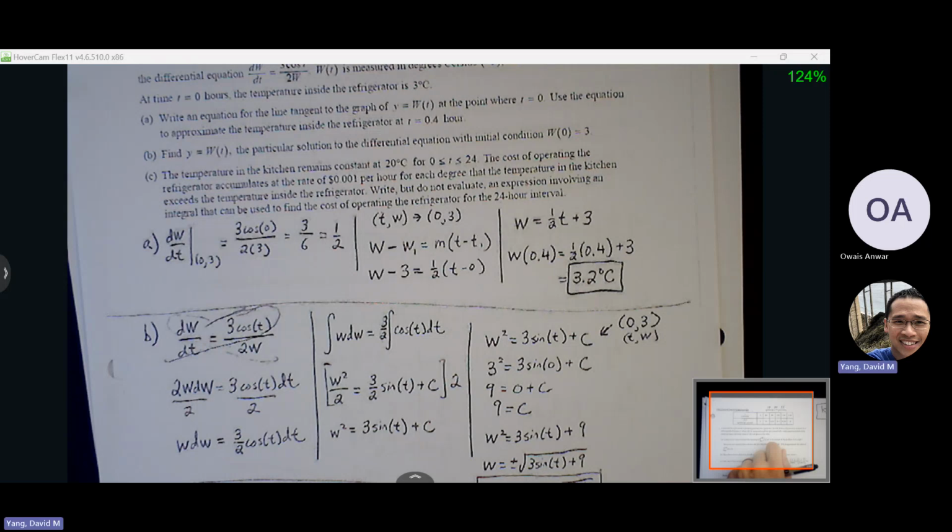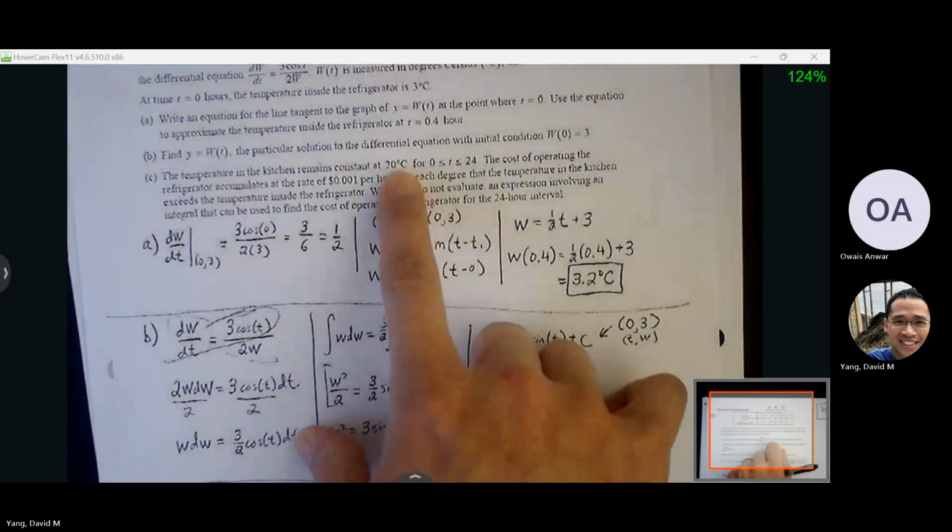So we have to look at the difference between the temperature in the kitchen versus the temperature in the fridge.